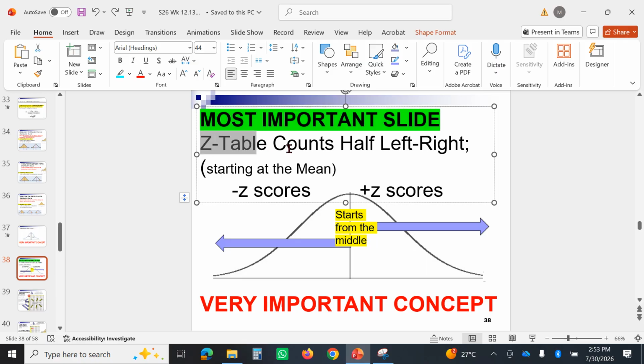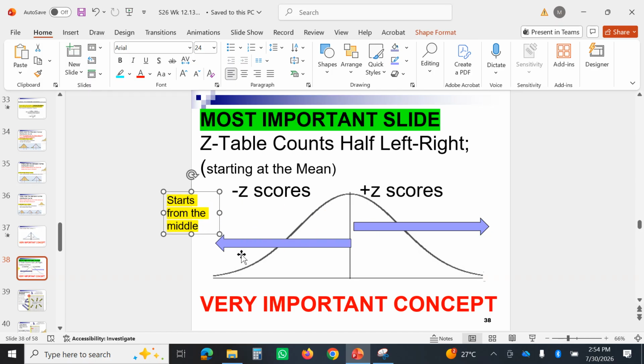The Z table counts half, left to right, starting from the mean. I'll show you in the next slide the whole idea of the Z table and how it works. But when you are calculating the area under the curve, which is what you're going to be doing, it goes from here to out, or here to out.